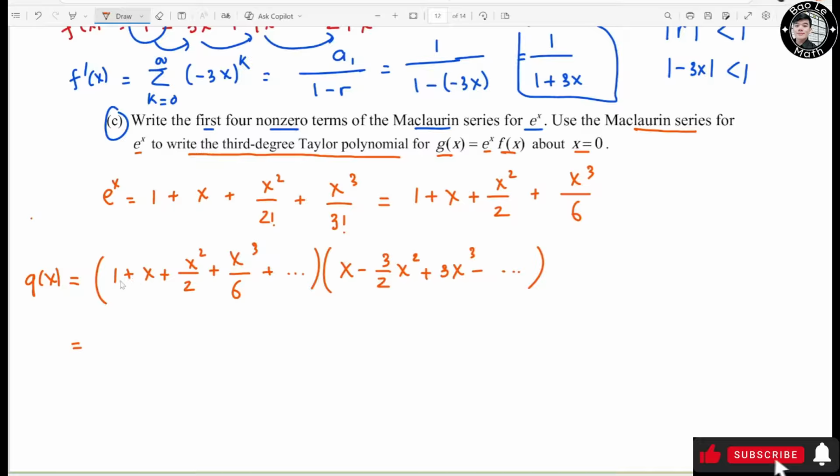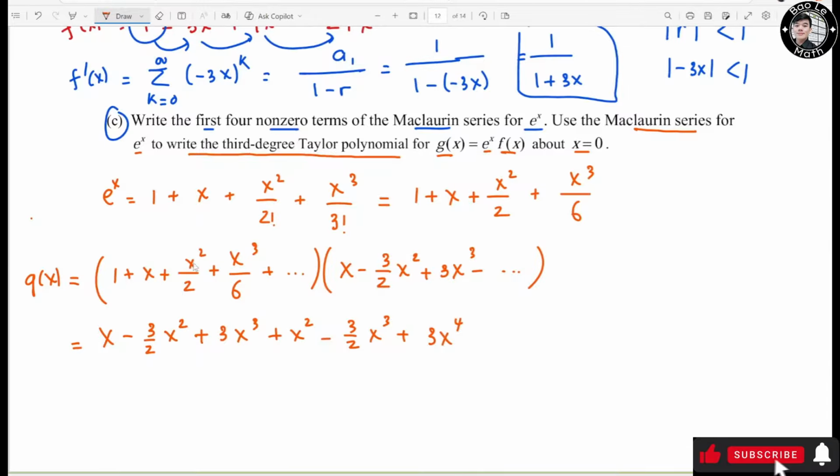So 1 times s is going to be s. 1 times negative 3 over 2 s squared is going to be negative 3 over 2 s squared. 1 times 3s cubed is going to be plus 3s cubed. S times s is going to be s squared. S times this one is going to be negative 3 over 2 s cubed. S times this one is going to be plus 3s to the 4.